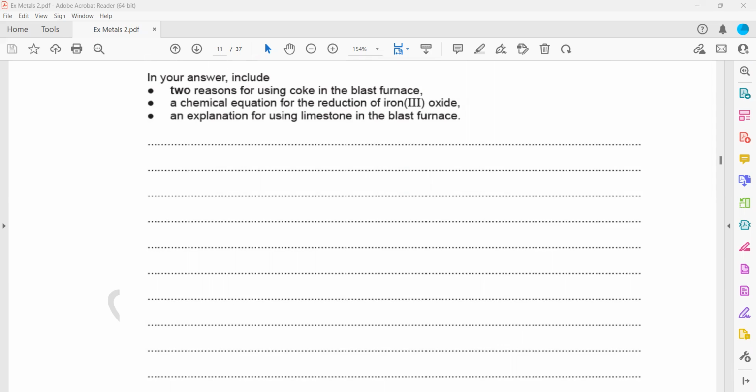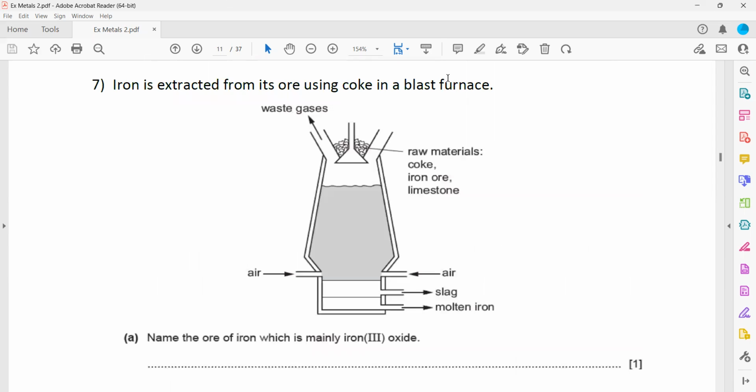First, what happened? In the blast furnace, we add coke, a carbon, from the top, and hot air is blown from the bottom. So first, carbon reacts with oxygen to produce carbon dioxide. That is the first reaction, and this is a highly exothermic reaction which produces heat energy.